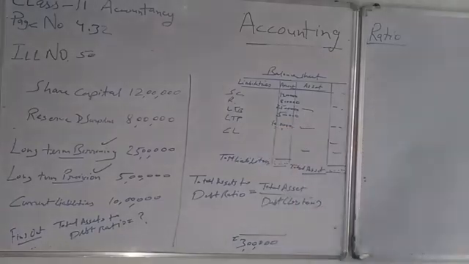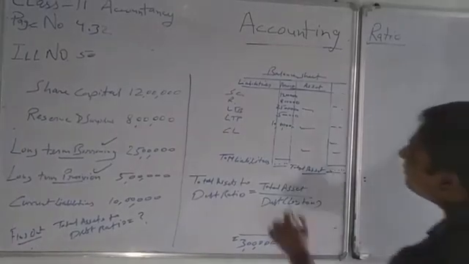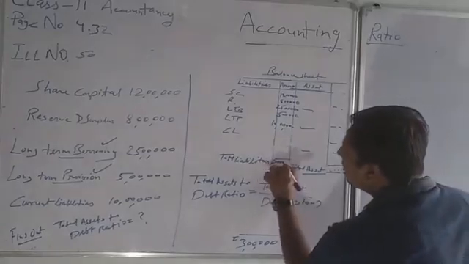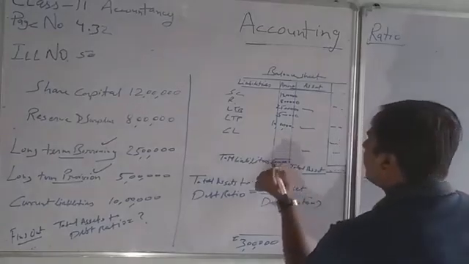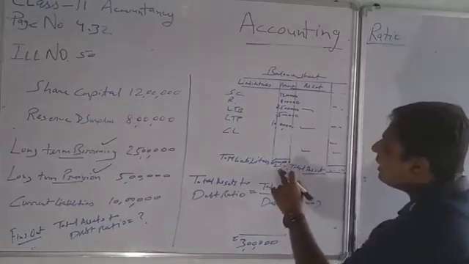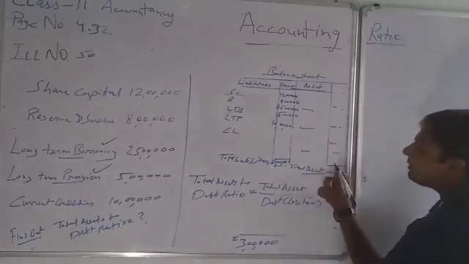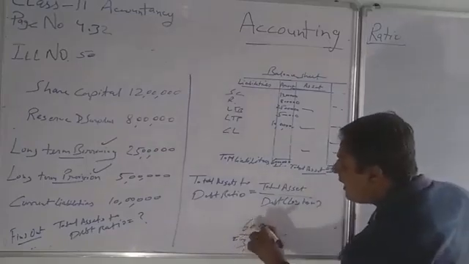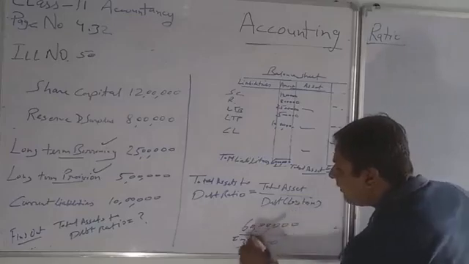If you add all these items, you will get that your total asset will be 60 lakh. How much will it come? 60 lakh. So that 60 lakh will be equal to total asset 60. So I am writing it here.